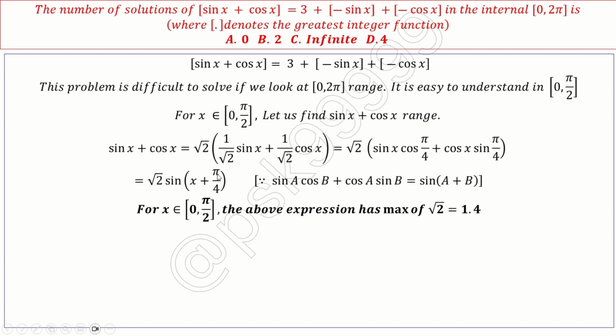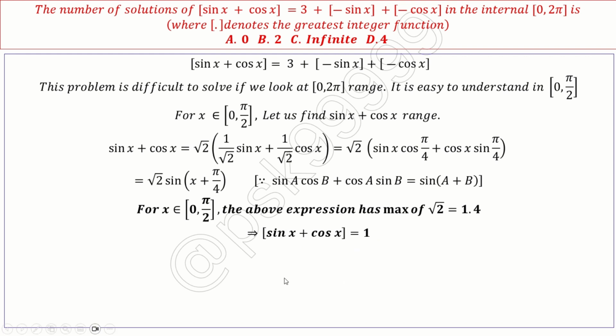If x equal to 0, you will get, sorry, 1. So from 0 to pi by 4 there are so many angles, infinitely many. For these infinite angles the range is above 1, which means the greatest integer function of sin x plus cos x will be 1 for several angles. If you understand that, that's enough. So for infinite angles this is possible.